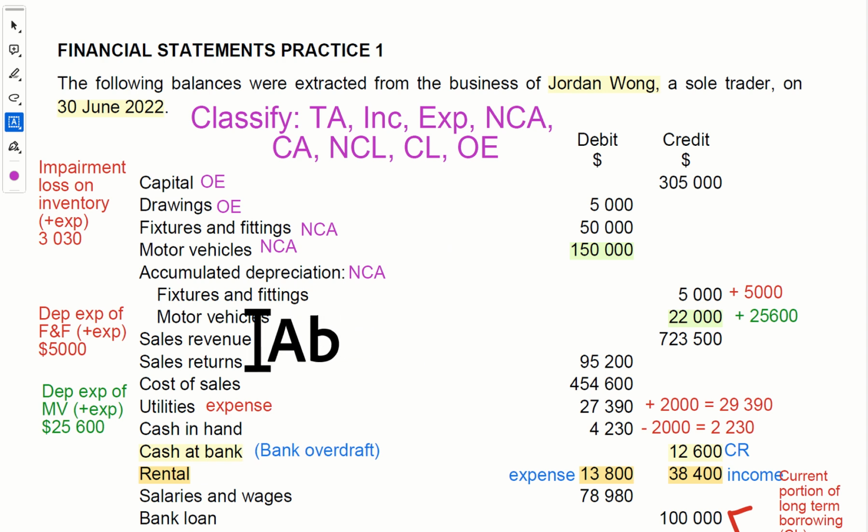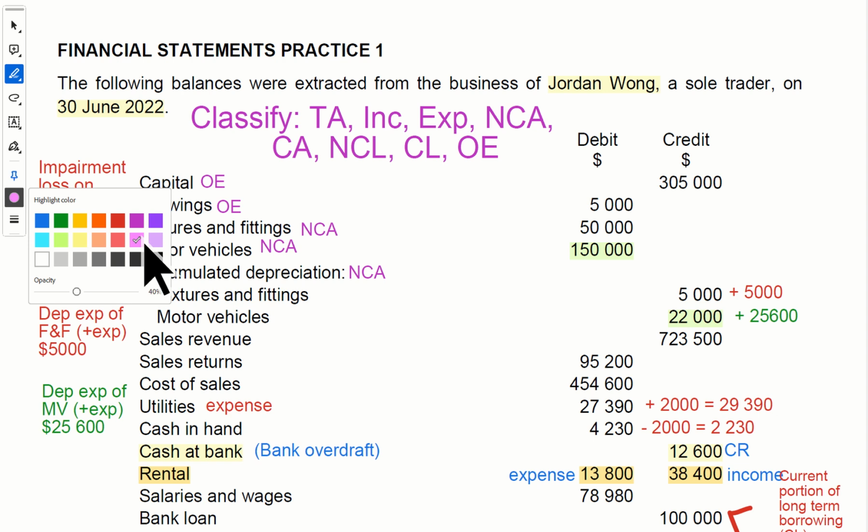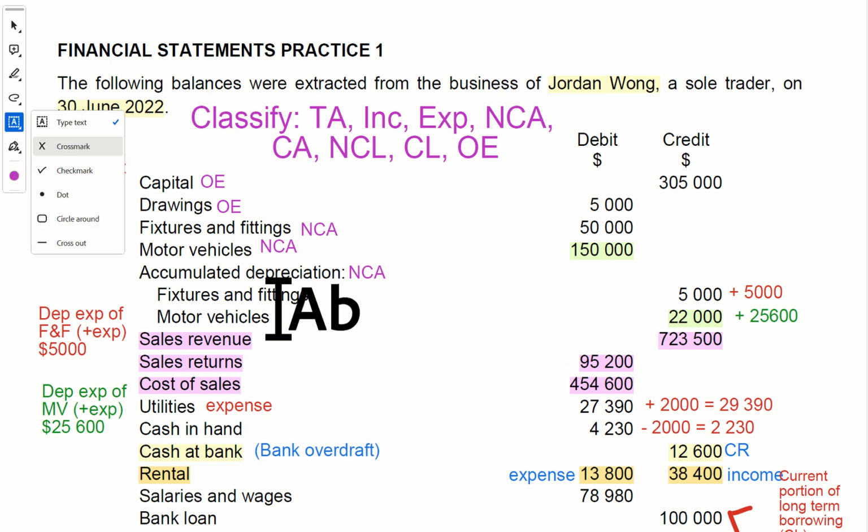Now it's a bit different. There are three things that belong in the trading account. What are these three things? Sales revenue, sales returns, and cost of sales. These three items always appear in the trading account. They are in the front part of your statement of financial performance.